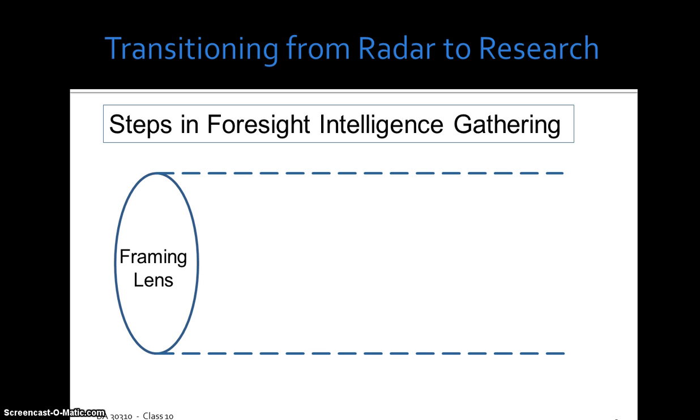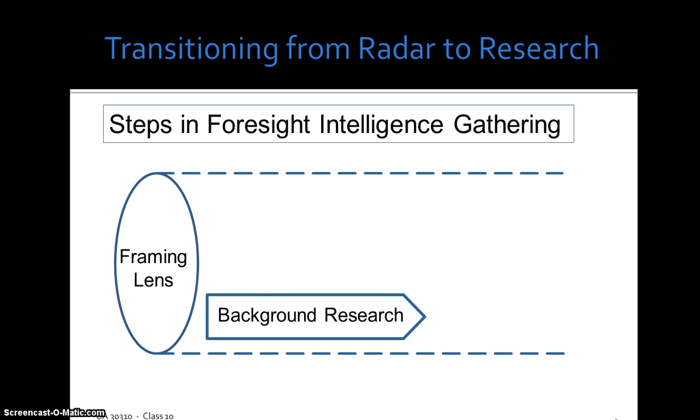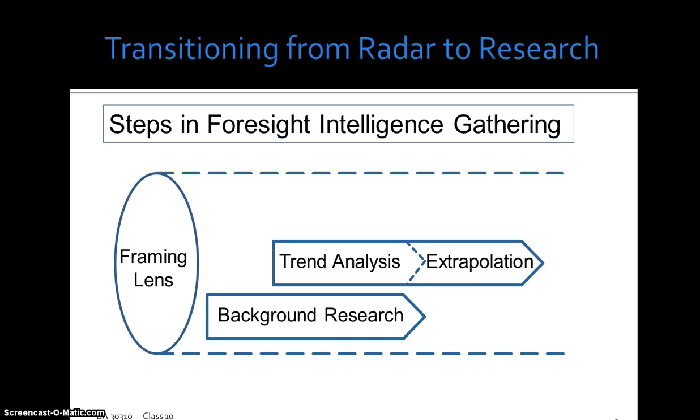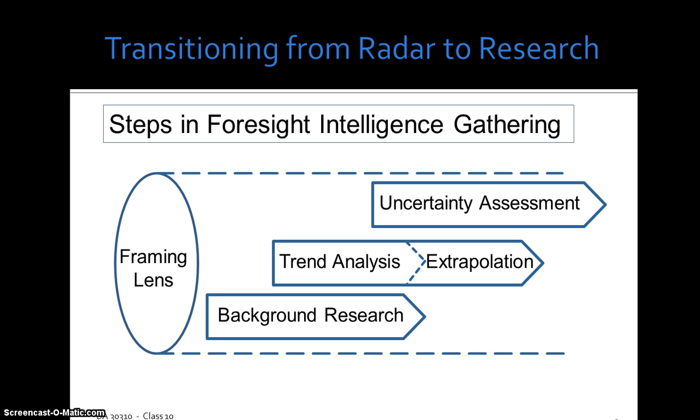And from there, we work to build our background research. This is the perspective that leads us to have expertise and current understanding in the topic. And from there, we would go obviously into an exploration of the future, beginning with our data mode, trend analysis, and the projections into the future, and then we go and bring uncertainty into the equation and include that as a big part of our process.